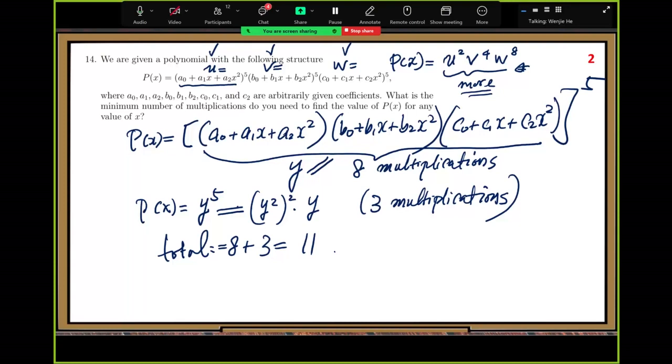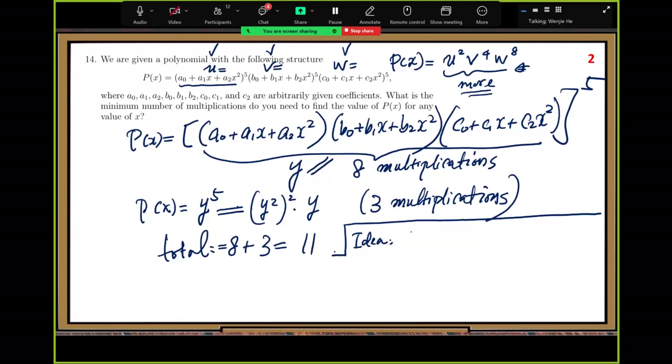Here I want to talk about the idea I mentioned before the break, when we talked about Horner's rule: sharing multiplication.